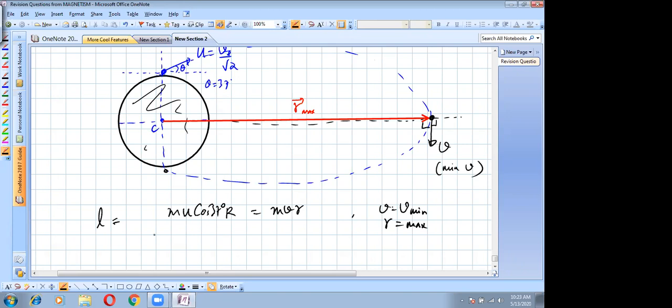So we have m into 4 by 5 r into escape velocity by root 2 is equal to mvr.